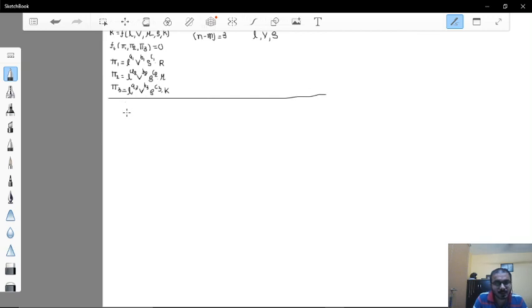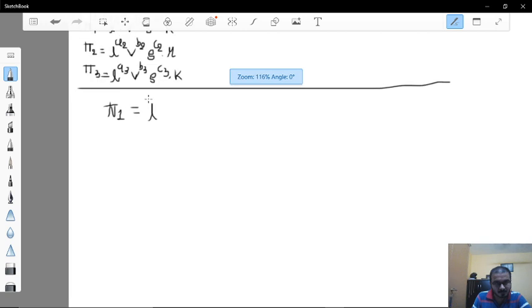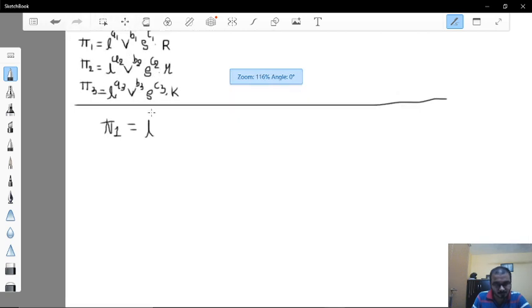So let's begin. Pi 1 is equal to L raised to A1, V raised to B1, rho raised to C1 into R. M0 L0 T0.